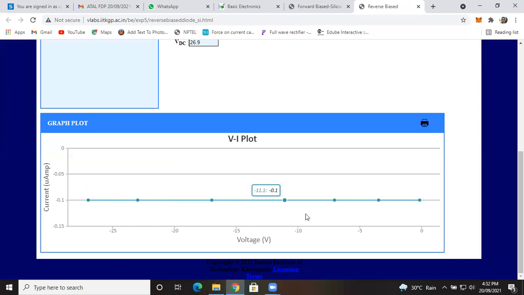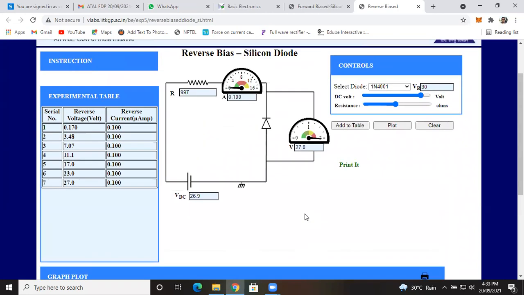The current is almost constant. That's why this current is called the reverse saturation current, and it has a very small, negligible value. In this case, you can observe that the value is 0.1 microampere. Is that clear?